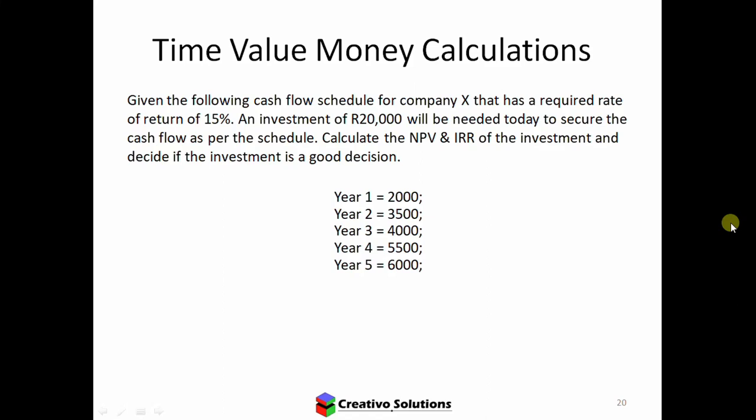Right, so given the following cash flow schedule for the company X, that has a required return of 15%. The initial investment is 20,000 and will be needed to pay to secure the cash flow as per the schedule. Then they want you to calculate the NPV and the IRR of the investment and decide if the investment is a good decision. Right, so all we have to do is literally just insert these values into your calculator, into your cash flow function, in order to get the correct answer.